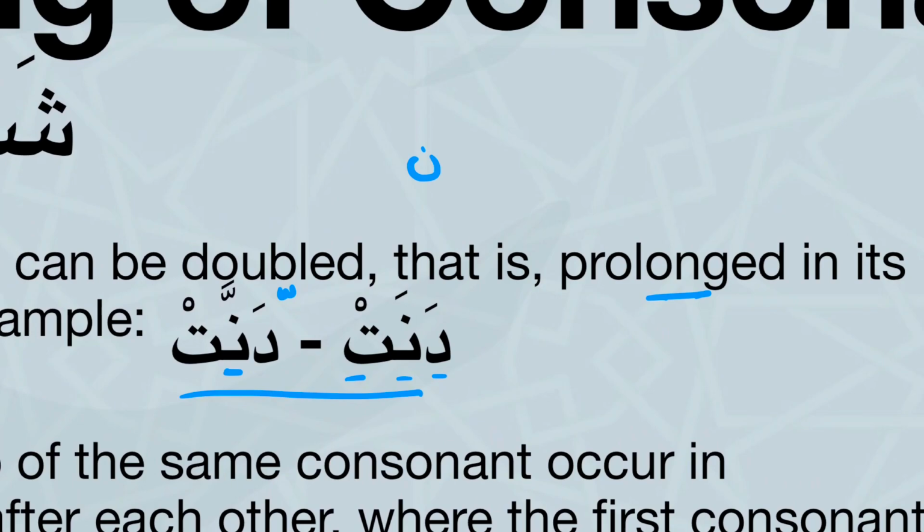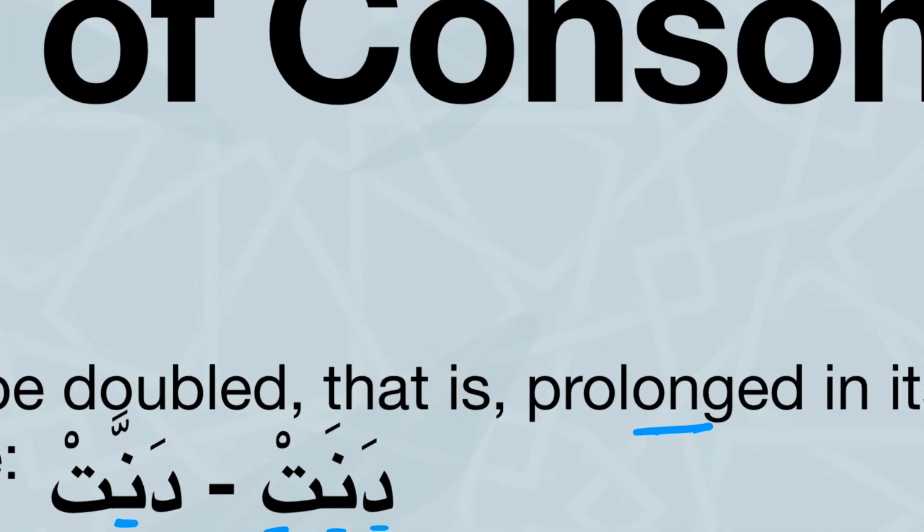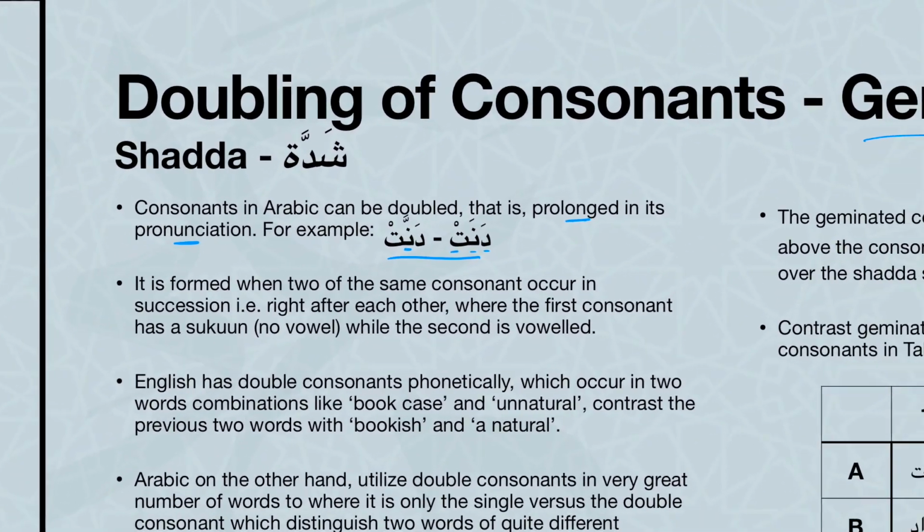Now, why am I having such problems with it? I mean, I am having such an issue with it. That's why I paused and thought of examples, and that has a good reason actually. And the reason is the following: it is formed when two of the same consonants occur in succession, right after each other, where the first consonant has a sukoon, while the second consonant is voweled.